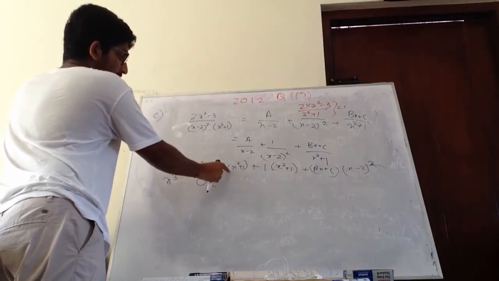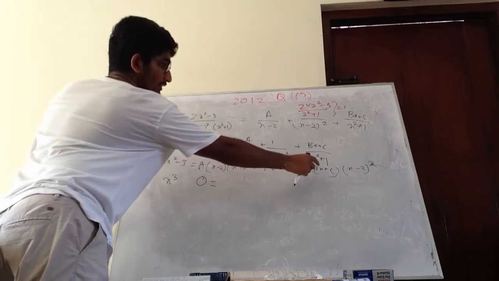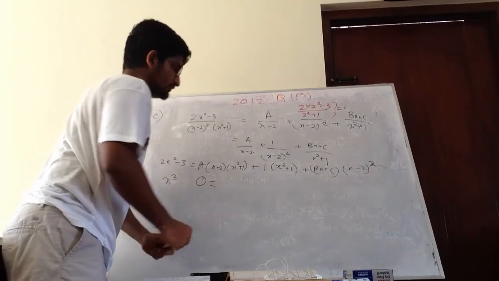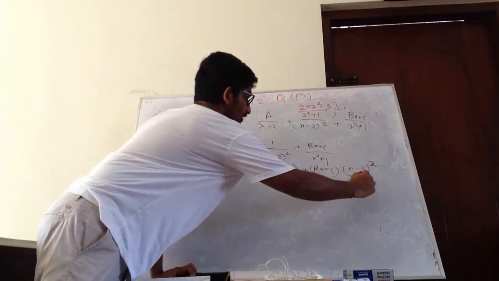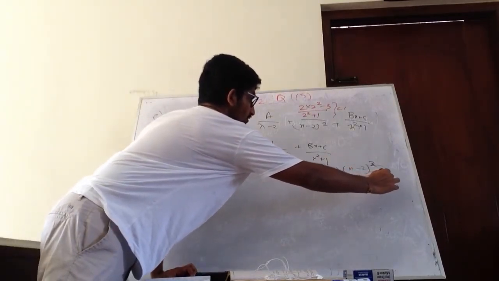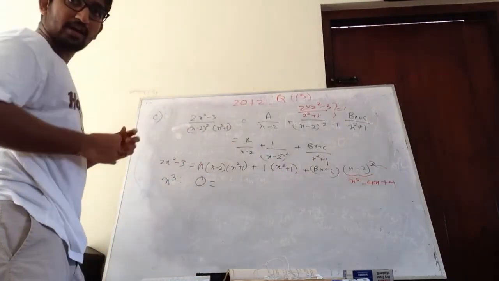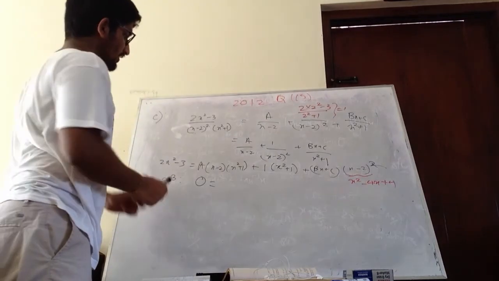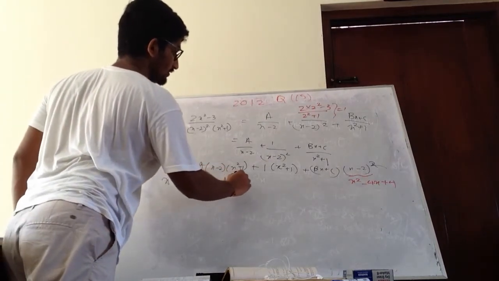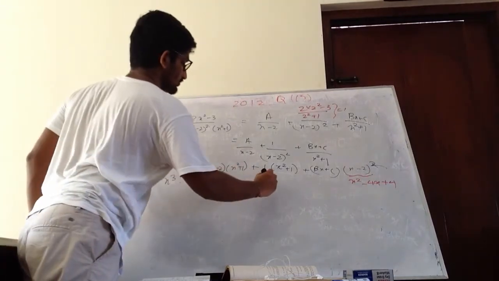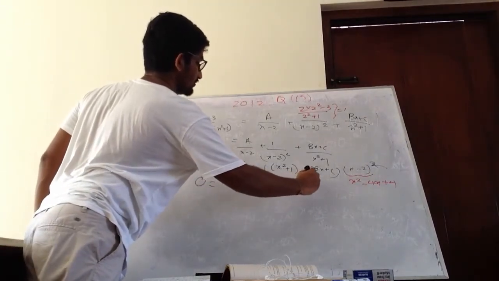Here this will be x squared minus 4x plus 4. So b will have an x cubed and a will also have x cubed. That means it will be a plus b. Correct?